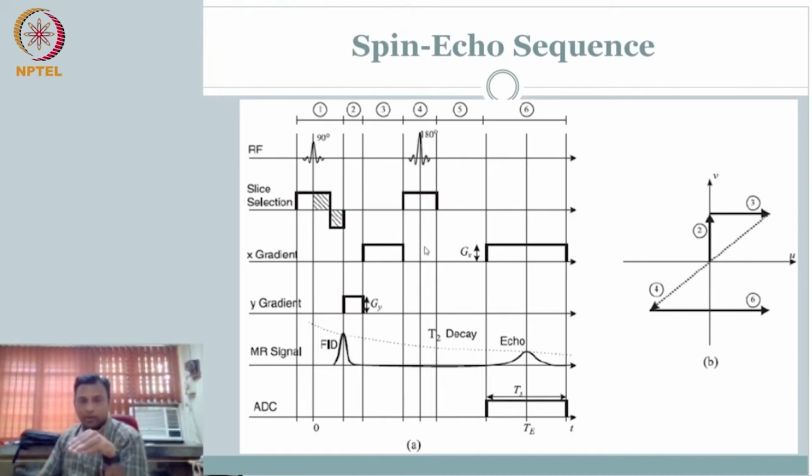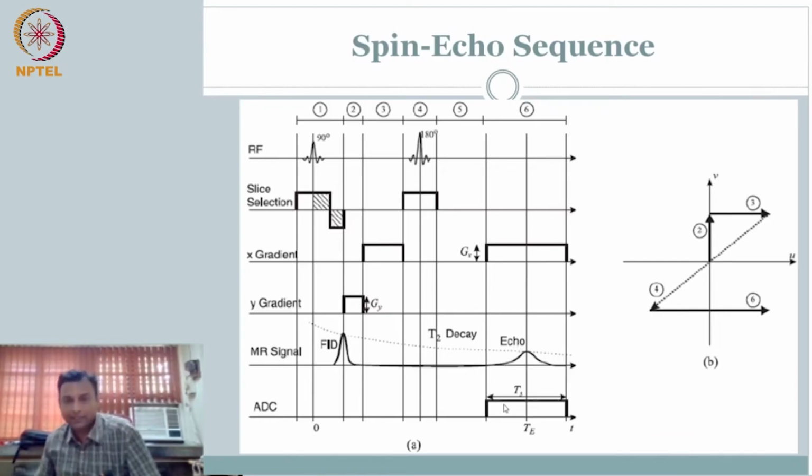Now, once I do that, it will take some time for the signal to regroup. It is dephasing. I apply excitation again, but I apply it with a 180-degree shift, so it starts to regroup. After I apply this, there is some time it takes before the signal starts to form back an echo.